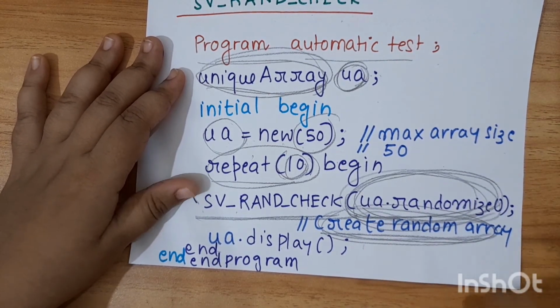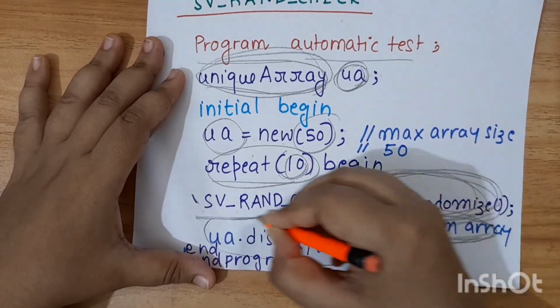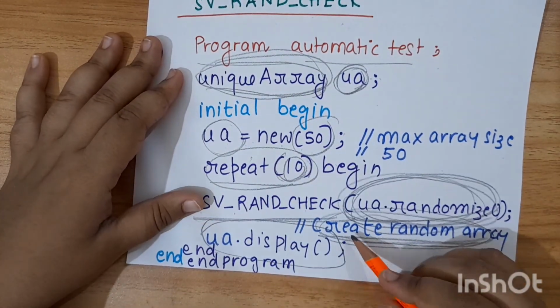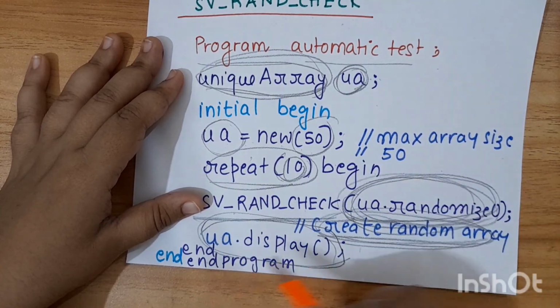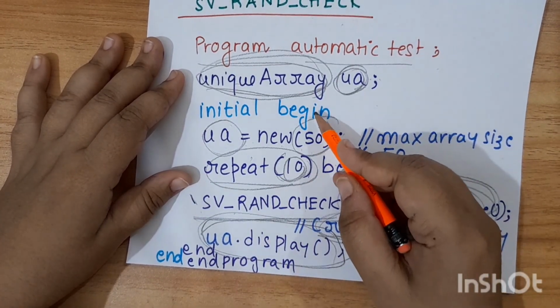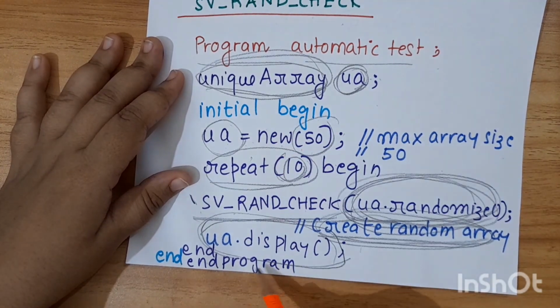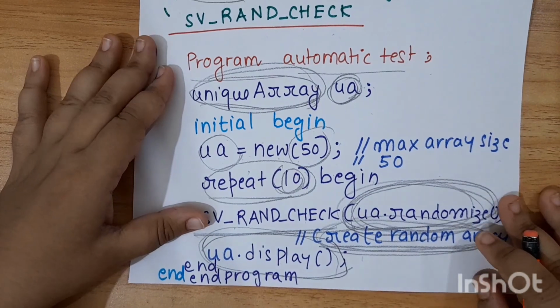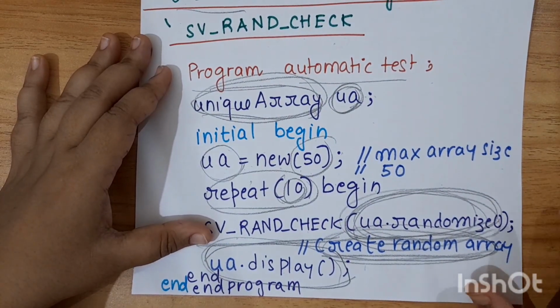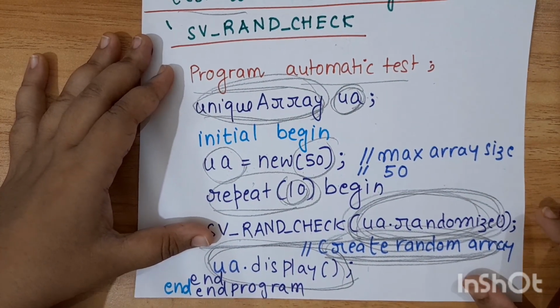Now, when I do ua.display, the fields of the class will be displayed. For the begin statement I have an end, and for the initial begin I have end here, and this end program is for program.